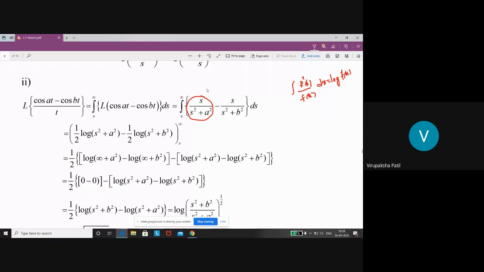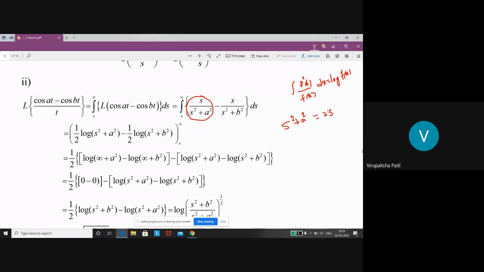Here, I will write this as 1 by 2 times log of s square plus a square. Why? Because if you differentiate s square plus a square, it becomes 2s, but in the numerator we have only one s. If it were 2s, you would directly write log of s square plus a square.